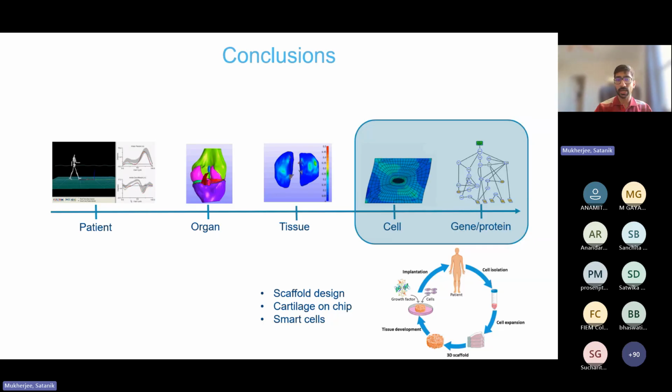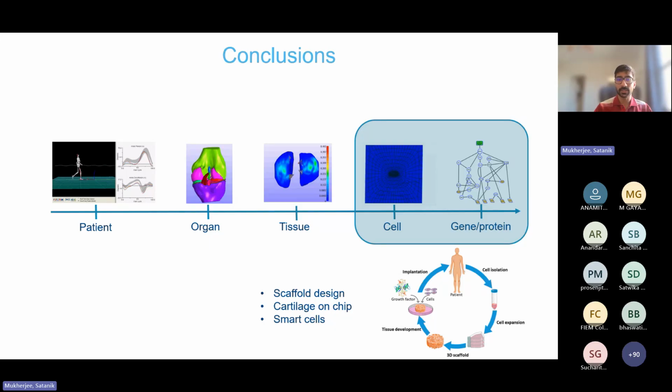And then I talked about how we can use computer-based models, both physics-based and data-driven, to design scaffolds for these tissue engineering strategies. I also talked about how you can make a small scale version of your joint using a microphysiological system called a cartilage on chip device.